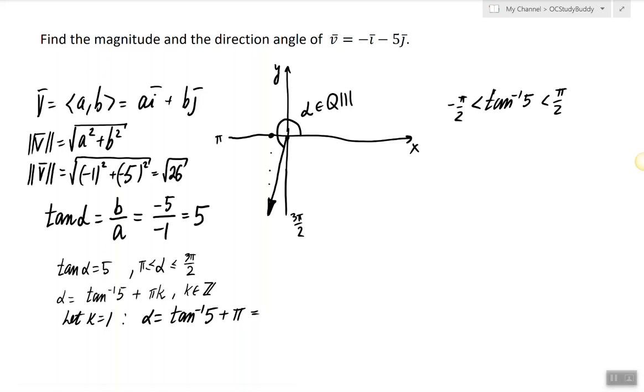As you can tell, it's in the first quadrant, and that's why we have to add 180 degrees. So the final answer is 258.7 degrees, and this angle is in the third quadrant. So the final answer is: the magnitude of vector v is the square root of 26, and the direction angle is 258.7 degrees.